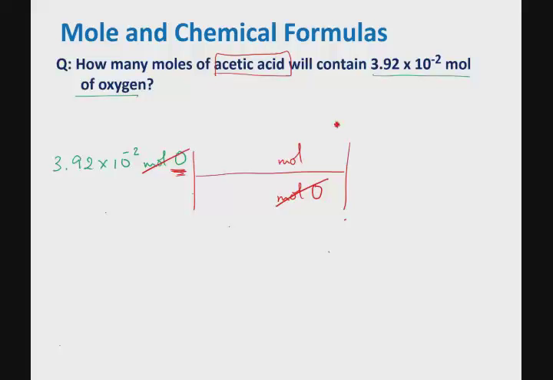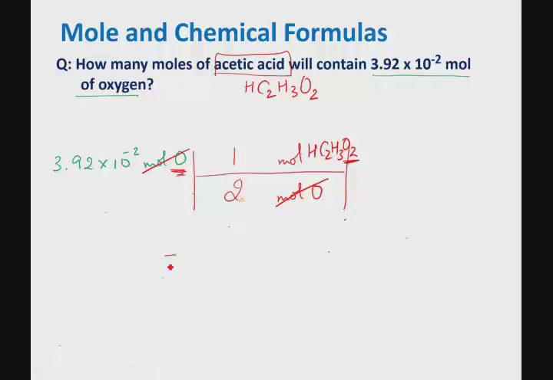Acetic acid chemical formula is HC2H3O2. And then if you see that the subscript for oxygen is 2, which means 1 mole of acetic acid will have 2 moles of oxygen atoms in them.